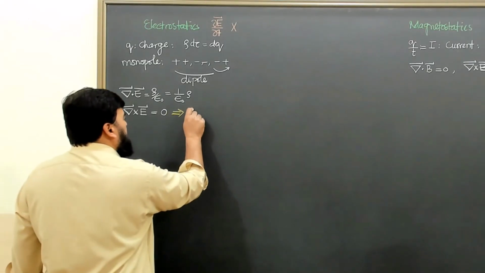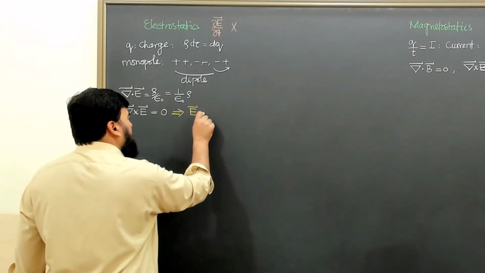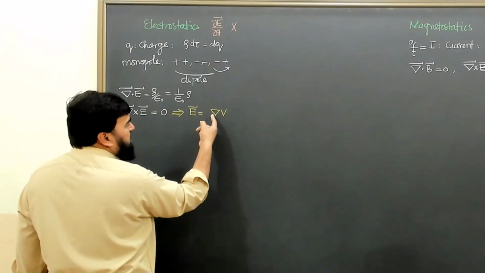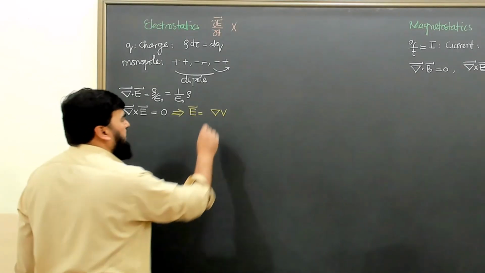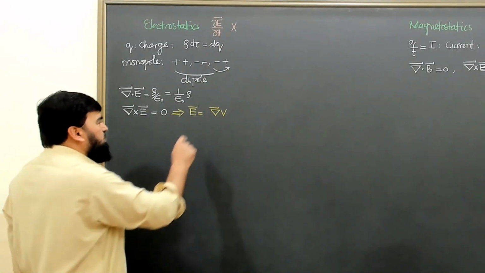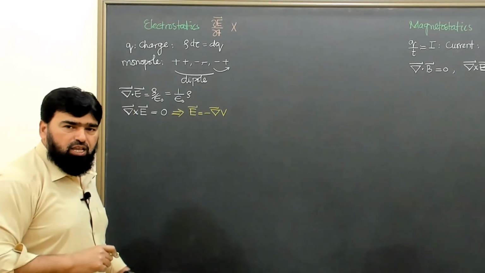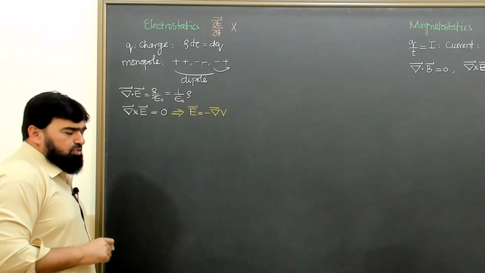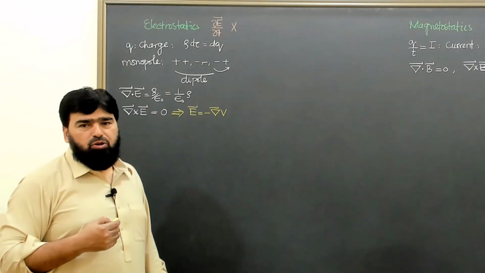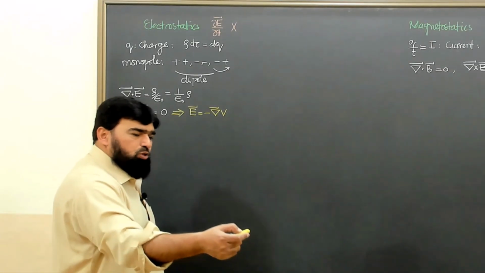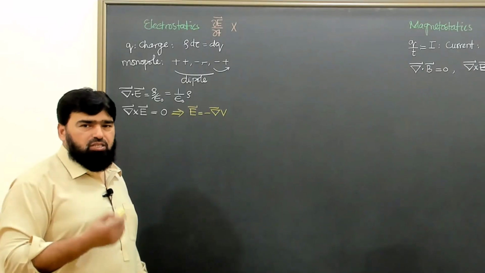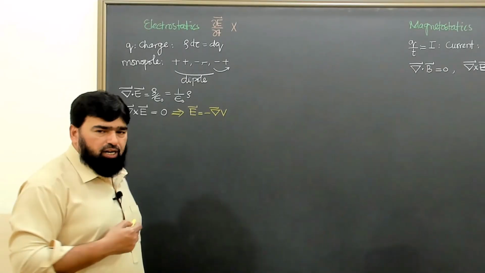So this implies that the electric field is the gradient of a scalar, E equals minus del V. The minus sign is due to the reference: when the electric field does work, it is considered positive, and when we do work against the electric field, it is considered negative. So due to that reference situation, we have to put a negative sign there.